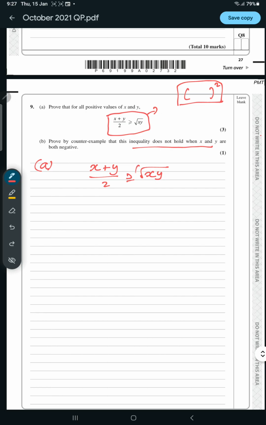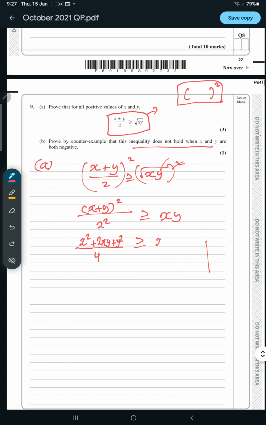First we can get rid of the square root here. Now this is going to be x plus y squared, and this one is going to be 2 squared times xy, so the square root and the square cancel out. 2 squared is 4, and if you expand the bracket, (x plus y) squared gives x squared plus 2xy plus y squared.